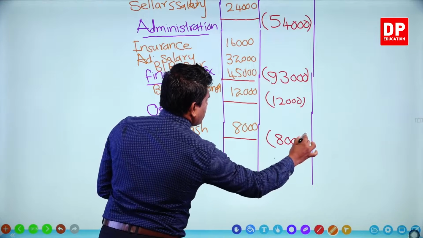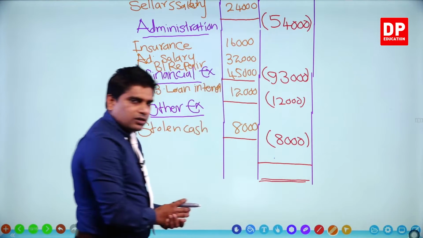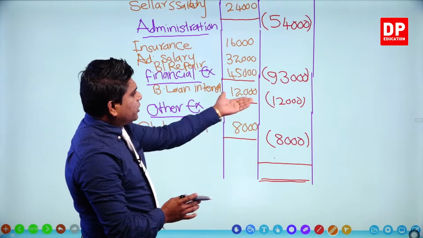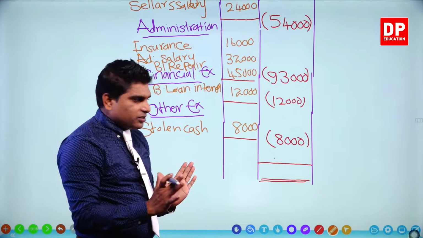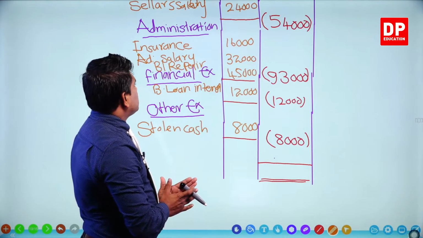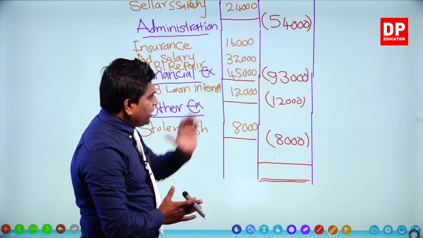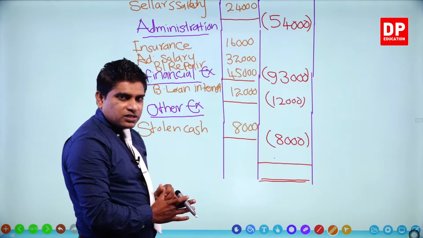Now you can see the total expenses, right? Total expenses here 12,000, 8,000, how much? 20,000, right? Then 20,000 plus 93,000 and 54,000. These are the total expenses, right?